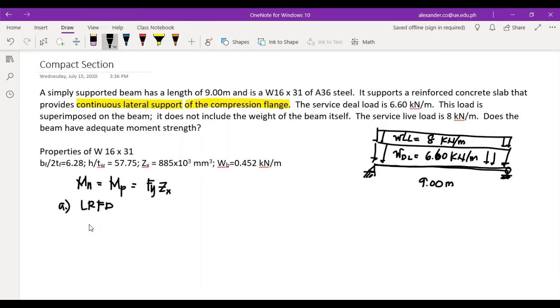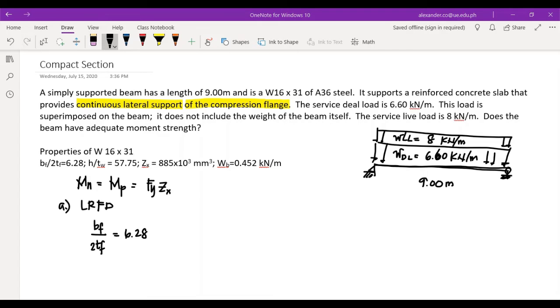So, unang-unang titignan natin, tingnan muna natin yung bf over 2tf. Given na naman eh. Ang bf over 2tf is given 6.28. Iko-compare natin saan? Naalala nyo ba?